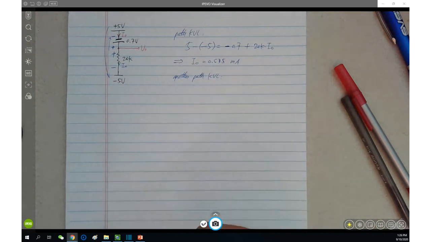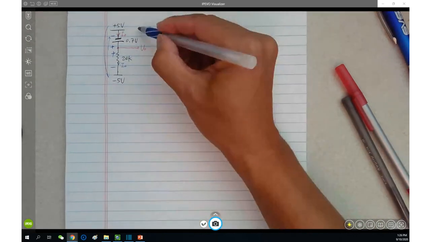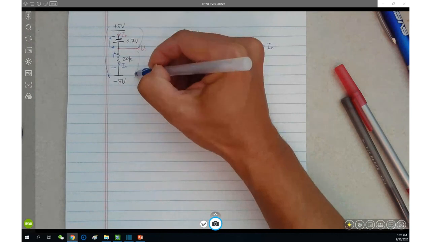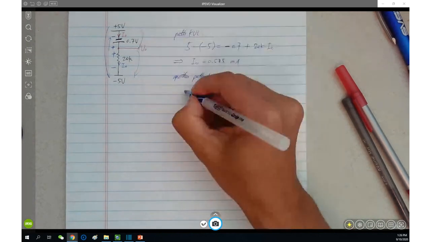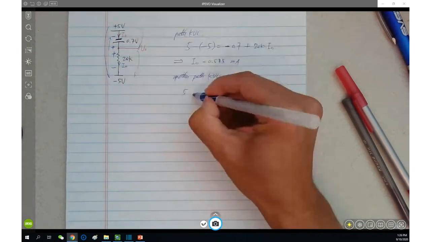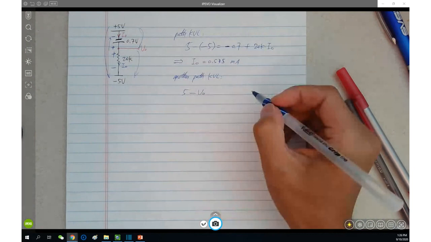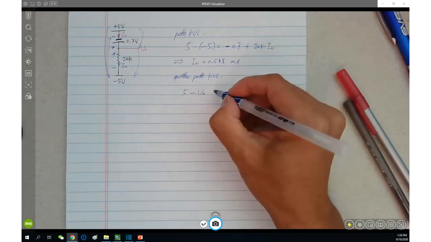Obviously, we have multiple choice, right? So this one path, this is another path, right? So if you choose the top one, and from top 5 down to V naught, the total voltage drop is equal to what?